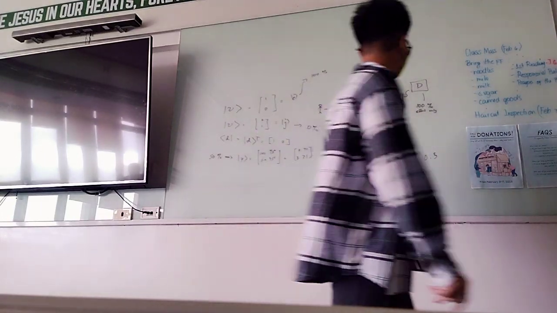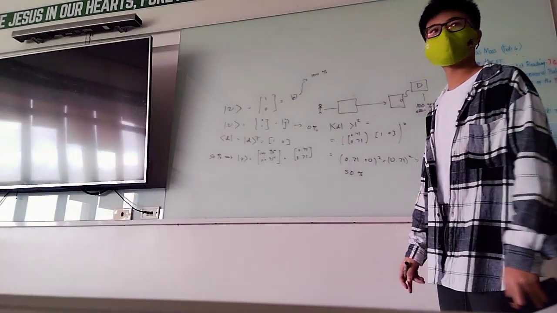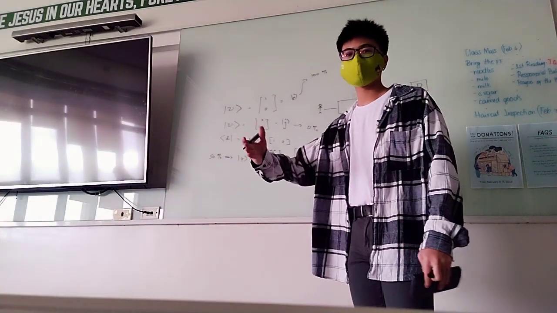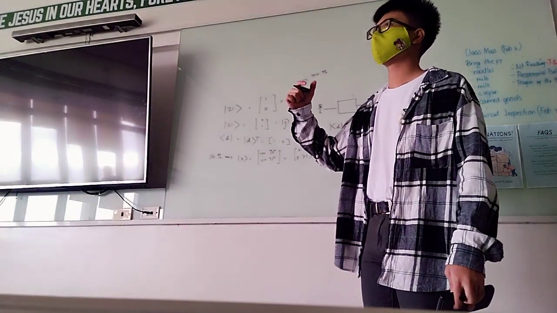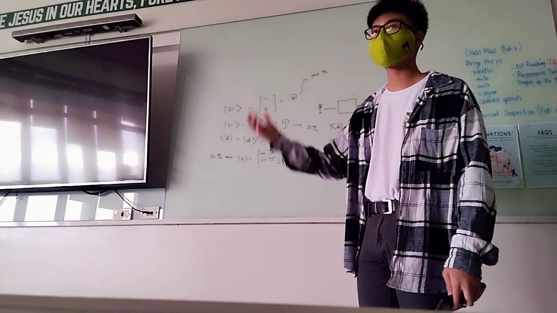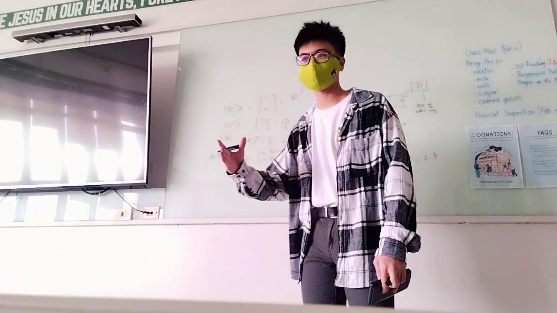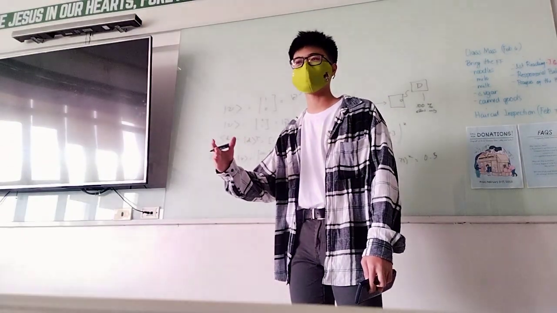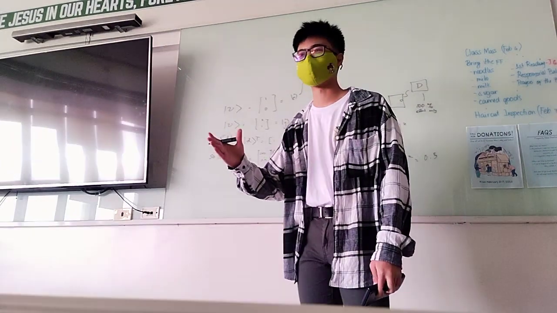So the door will only open halfway. If the door travels in a 0 to 90 degree arc, or 0 to pi over 2 radian arc, it will only travel halfway before stopping. So it's not going to completely open for him, but it will open just enough for him to peek through.